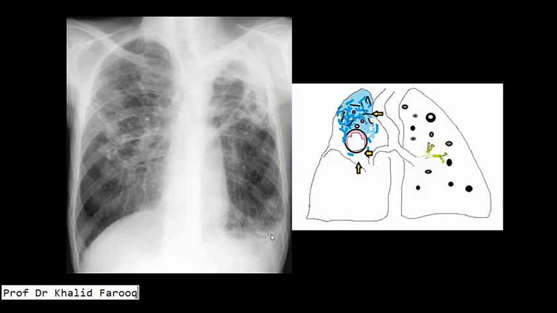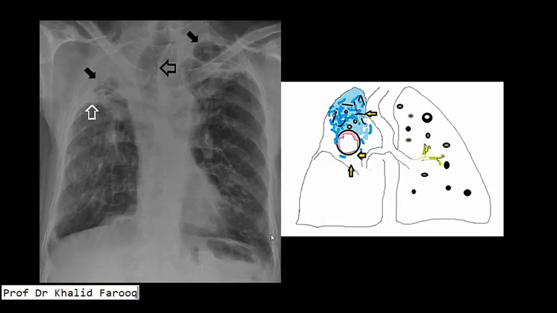Here is another example. We can see patchy airspace infiltrates with cavities predominantly involving the right upper lobe, where we can see there is loss of lung volume, hilar pole, trachea shifted toward the right side, while small cavities are noted on this side.